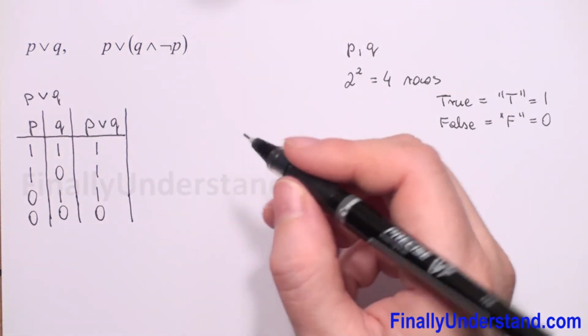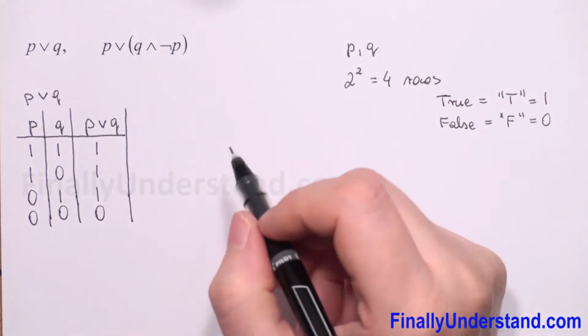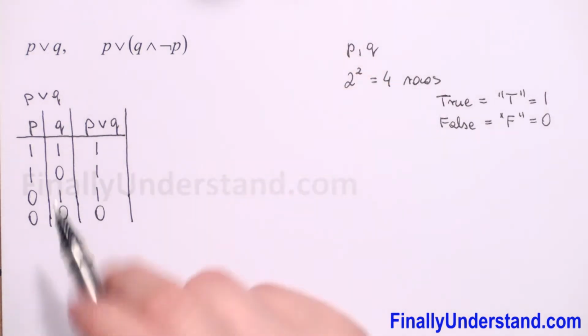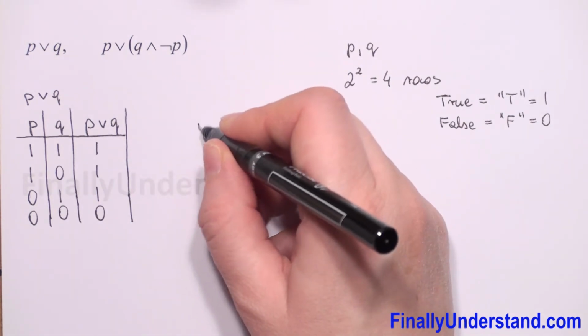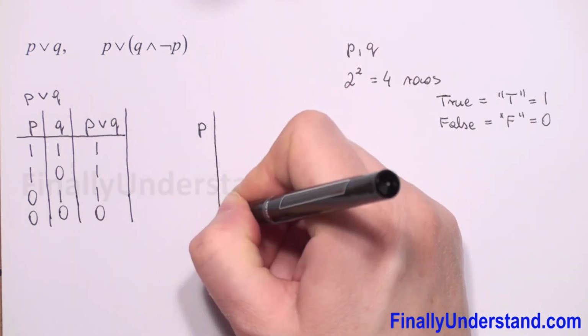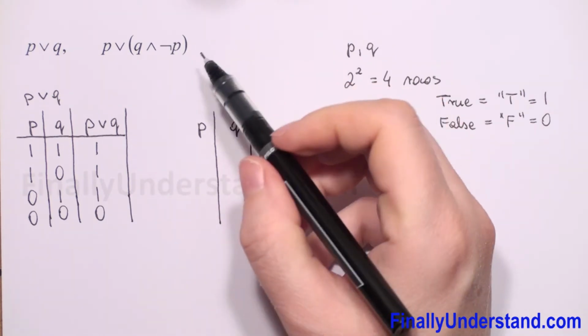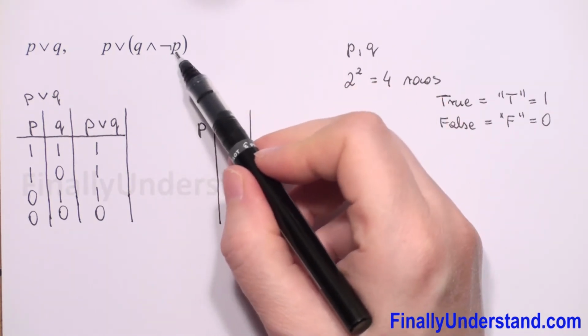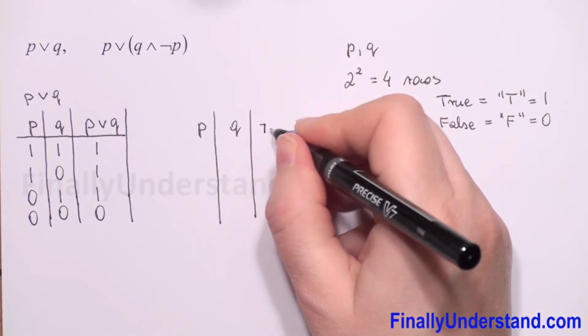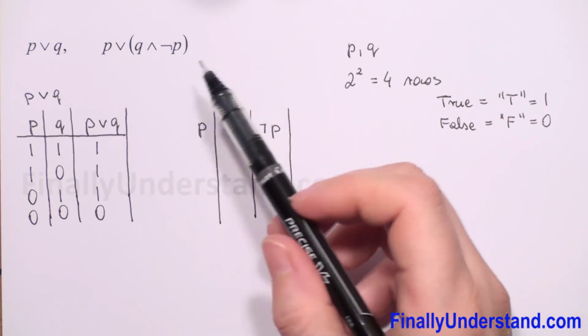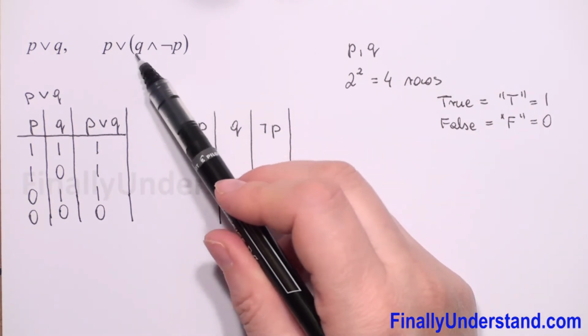Next, we will build the truth table for the second statement. We have again P and Q, so in the first column P, in the second Q. Next, we have the negation of P, so we put not P. Next, we have to start from the parentheses.